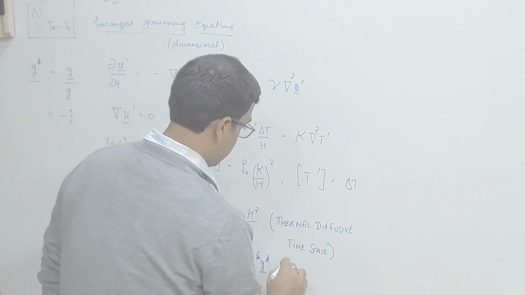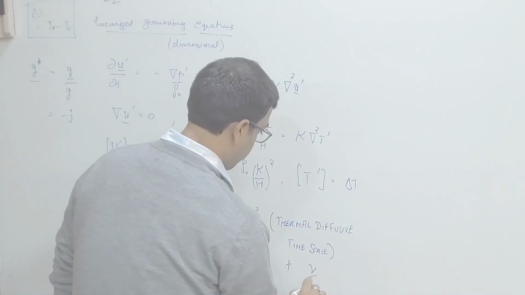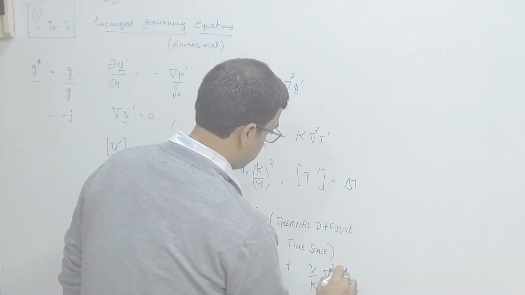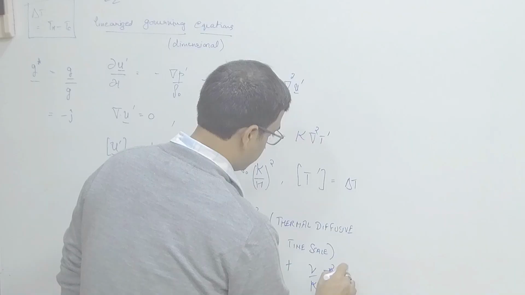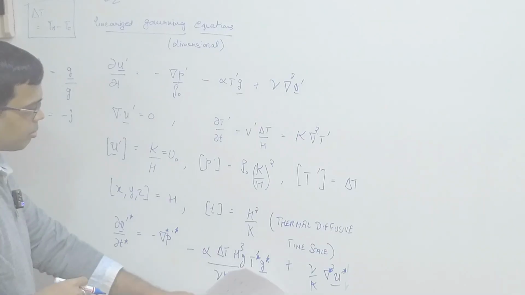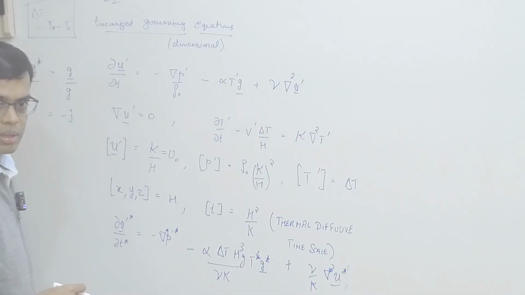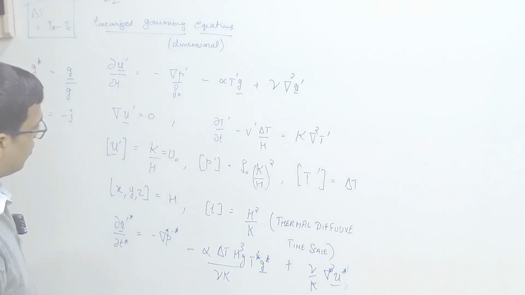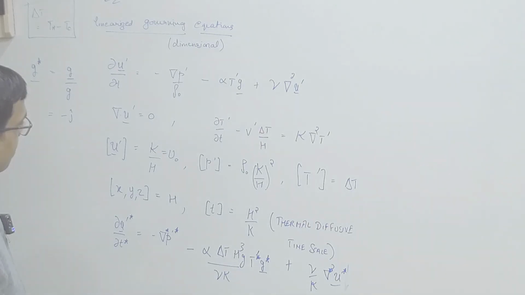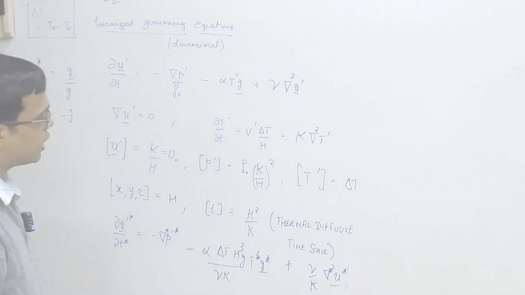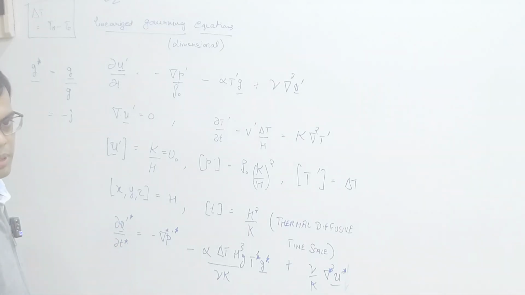And then we had nu by kappa del star square u prime star. We had a Prandtl number, or 1 by Prandtl number. That is where I have a doubt. You had introduced the Prandtl number into this, and we're not sure how. I had multiplied it with kappa by nu to get this form, and then again divided by kappa by nu to get this.